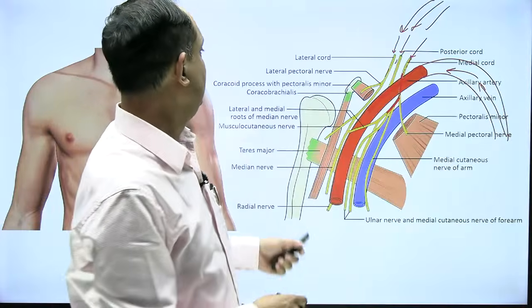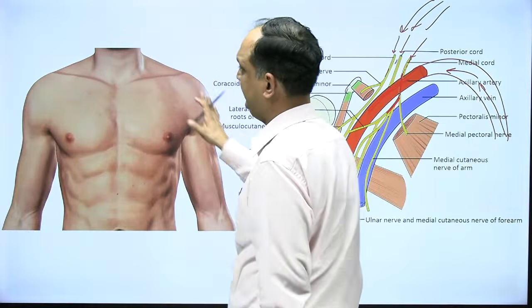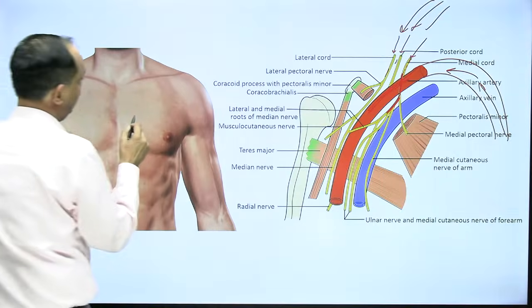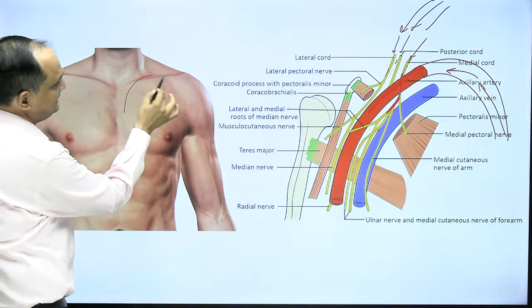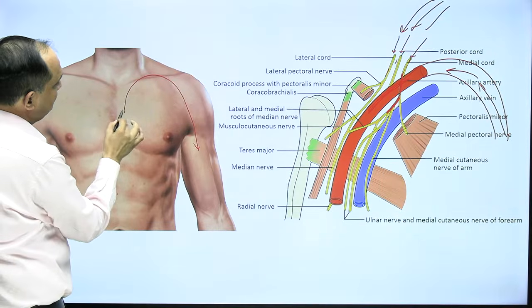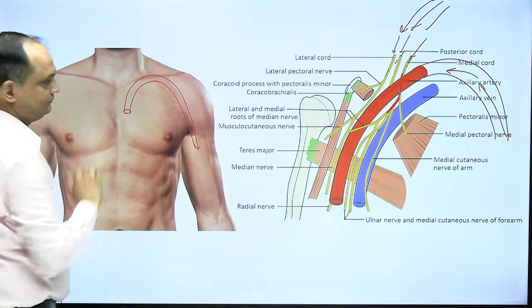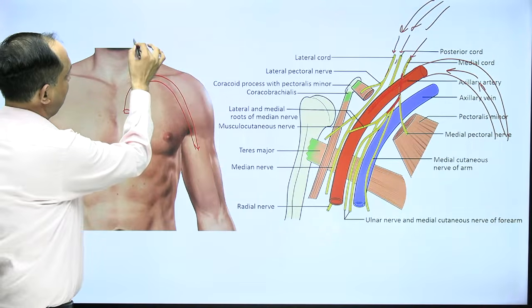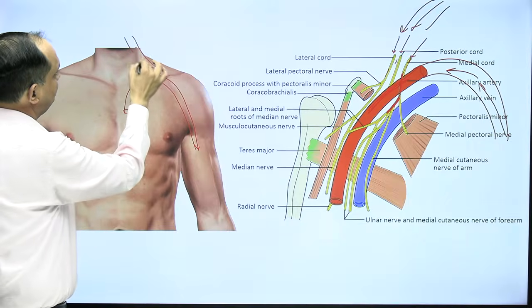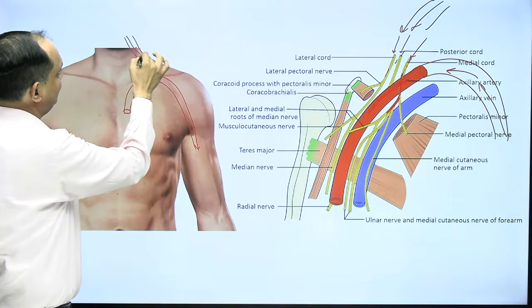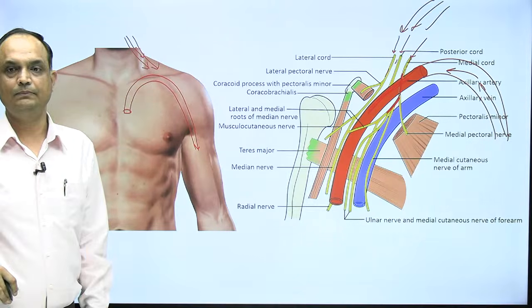Clear? Now, in this image, you have to understand that your artery will go like this. This is the artery which is coming out, and it will gradually go like this. Your nerves are coming from here. Your nerves are coming from the neck, which are forming the brachial plexus.